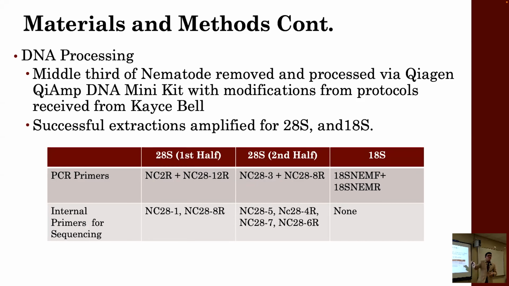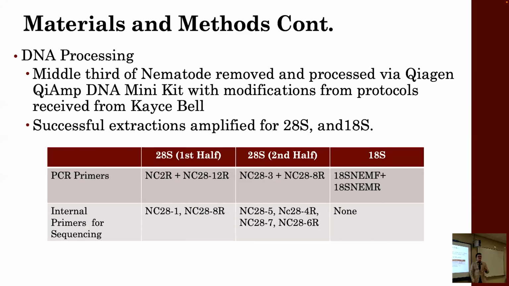We saved the anterior end and the posterior end because those contain most of the diagnostic characteristics that people use to identify these worms, and then just digested the middle. By doing that, we were able to save vouchers for other people to back check our work, to use for various other studies, anything they wanted to do with them.